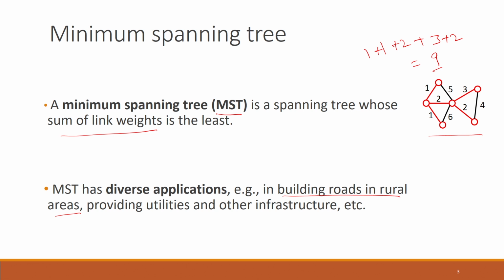So the total construction cost can be considered as being proportional to the length of the roads that are constructed, and therefore in that situation this minimum spanning tree problem will be applicable, okay.